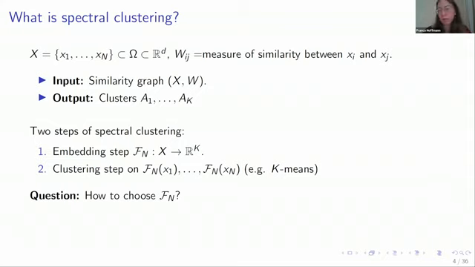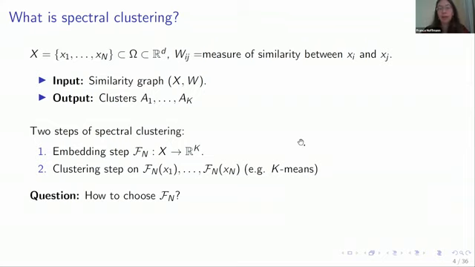And so spectral clustering in particular usually proceeds with a two-step procedure. So instead of just clustering the points immediately, first there's a pre-processing step where we embed all the data points into some lower dimensional space. So here, the space that we send the points to is of dimension k, which is the number of clusters, which is usually much lower than dimension d that we started off with. And then in the second step, we cluster those embedded points.